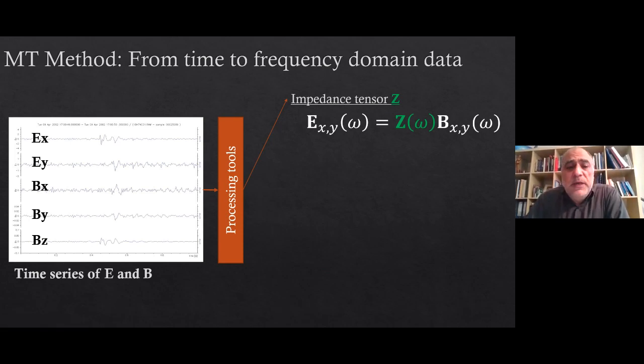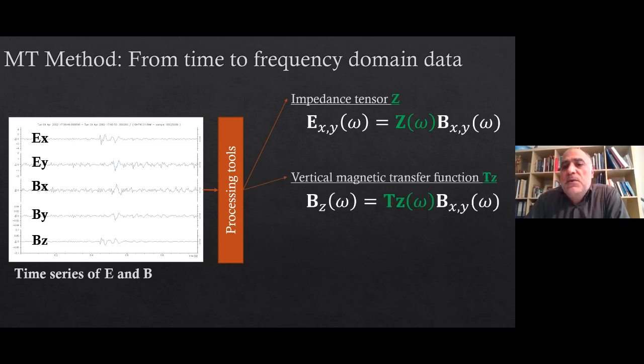Another component that we can derive from these 5 electric and magnetic components is the so-called vertical magnetic transfer function, or tipper. And the tipper, as the name suggests, tells you how much the vertical component is tipped in the horizontal direction. It relates the vertical magnetic component to the horizontal components, and like the impedance tensor, it is a function of frequency.